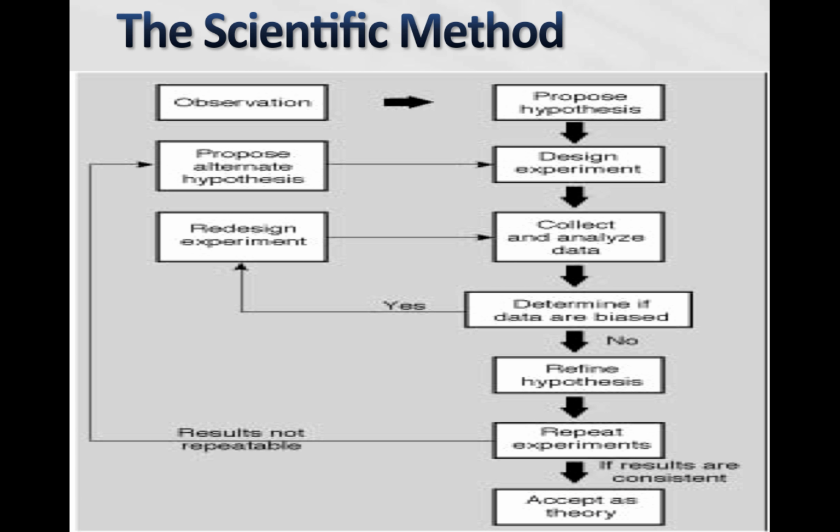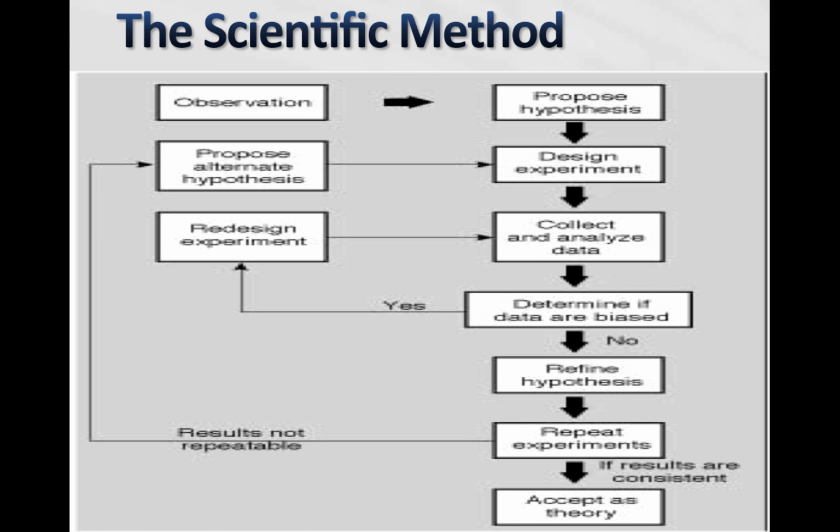Now, it's a cycle. You start off with a question or observation, and then you go through the hypothesis, the experimental design. You collect data, and then if your conclusion was right or your hypothesis, you proved it, you're fine.